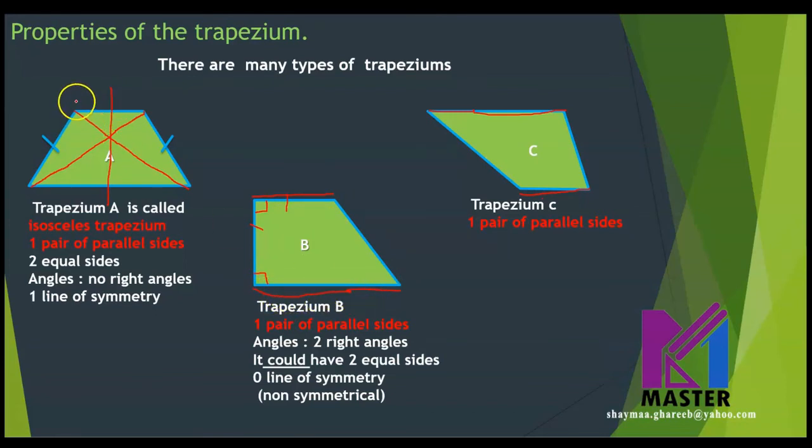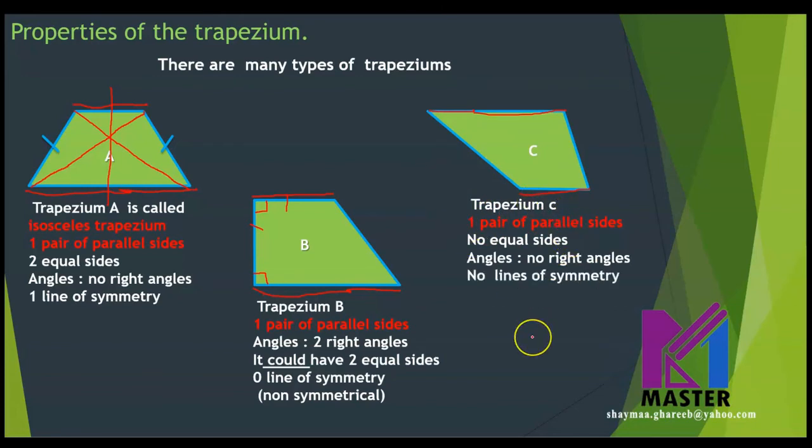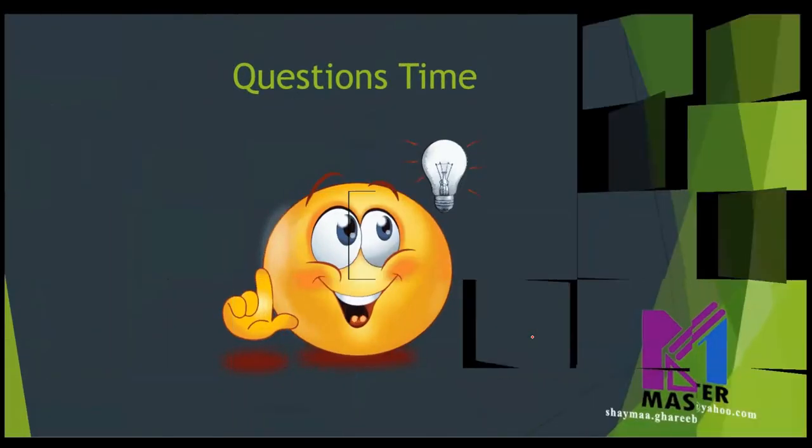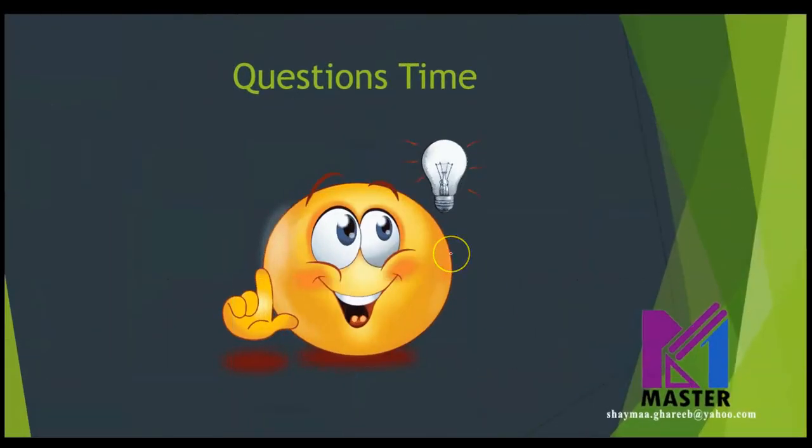And in this trapezium, this side is parallel to this one. So all trapeziums have only one pair of parallel sides. No equal sides in this shape at all, and no right angles at all, and no lines of symmetry, so it's a non-symmetrical shape. Now, are you ready for questions?